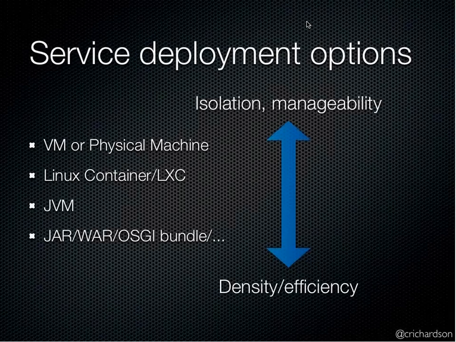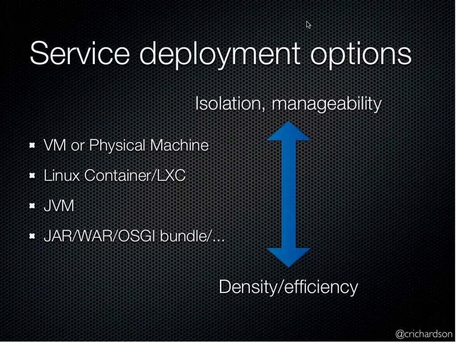Each service could run in its own virtual machine, or each service could run in a Linux container inside a virtual machine, or within a virtual machine you could have multiple JVMs with one service per JVM. Or if you really wanted to pack things in tightly, you could have within a single JVM multiple services.